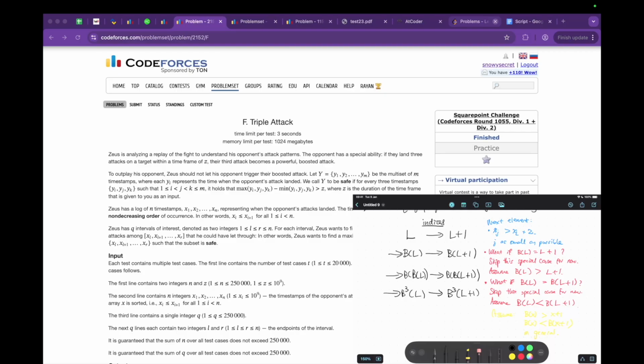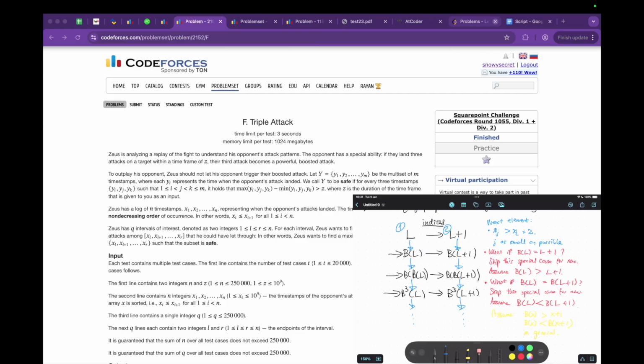We're actually decomposing this entire multiset into two separate chains. The first chain being L to BL, to B squared of L, to B cubed of L, and so on. And the second chain goes from L plus 1 to B of L plus 1, to B squared of L plus 1, to B cubed of L plus 1, and so on.